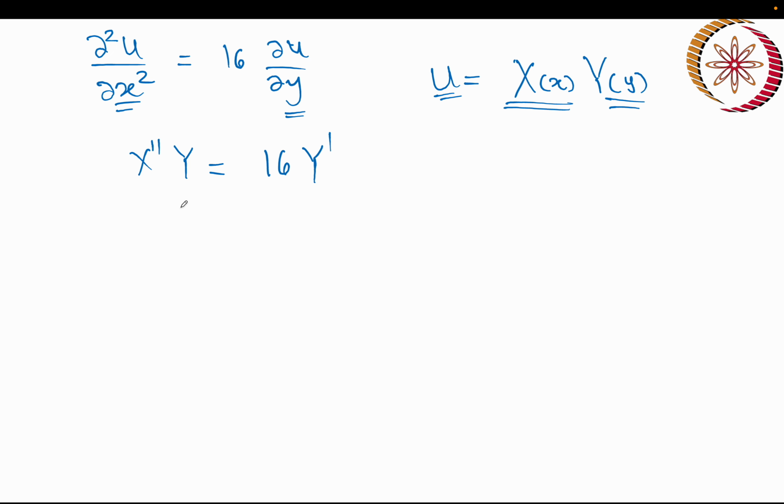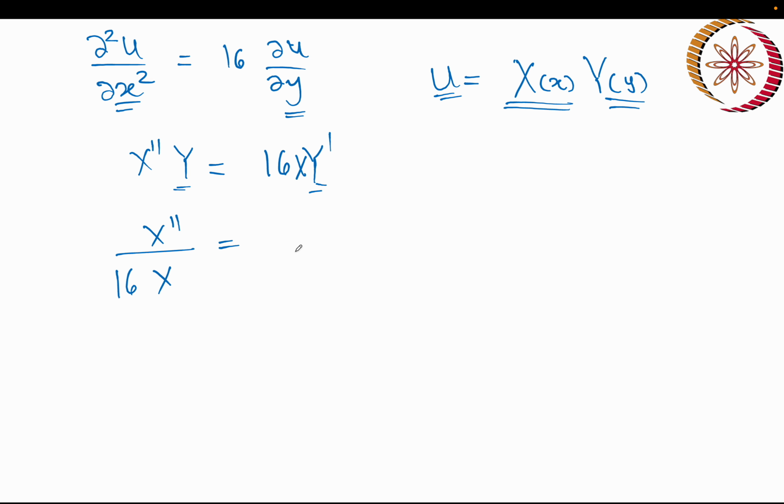Okay, so we can see that this is already close to our variable separable form. So X double prime, sorry, I missed X here.